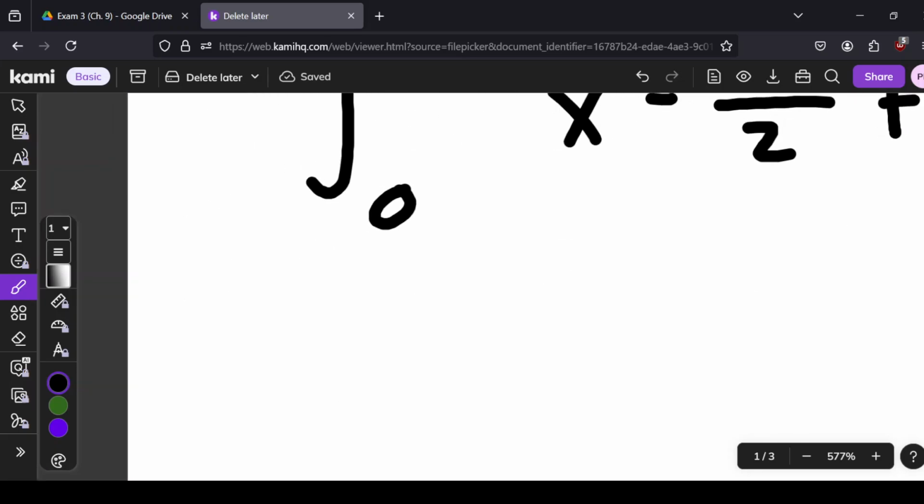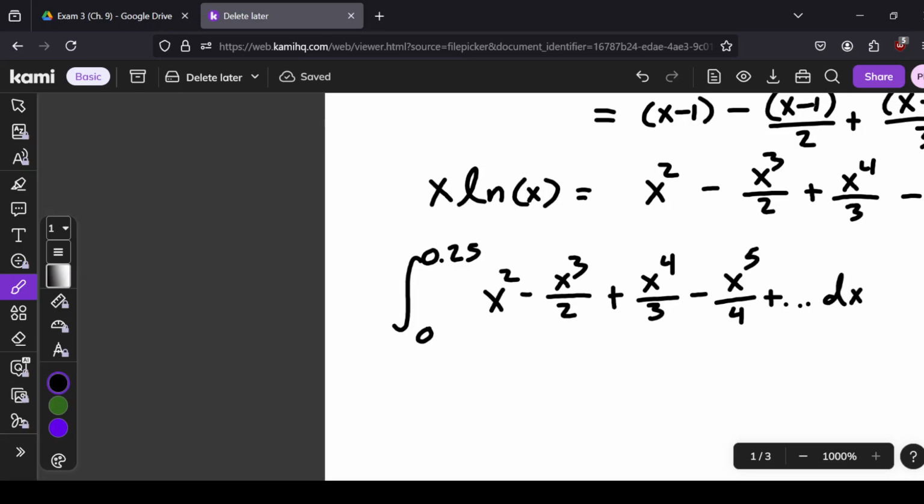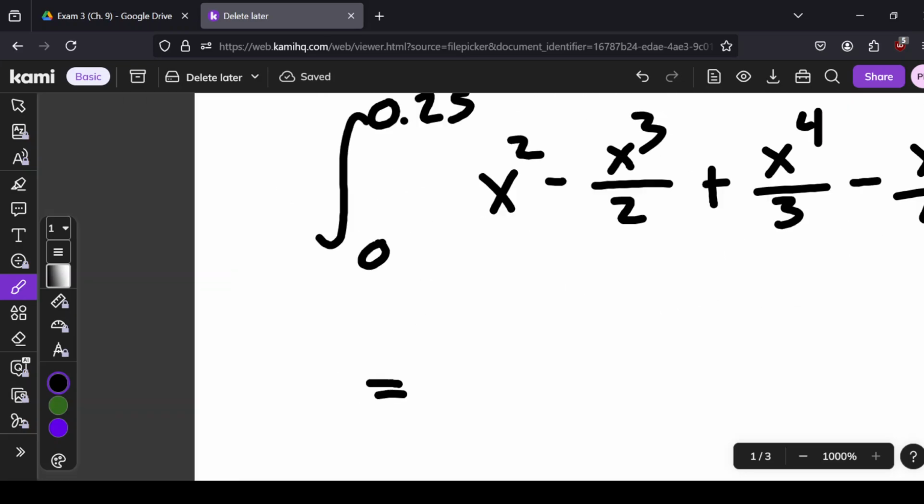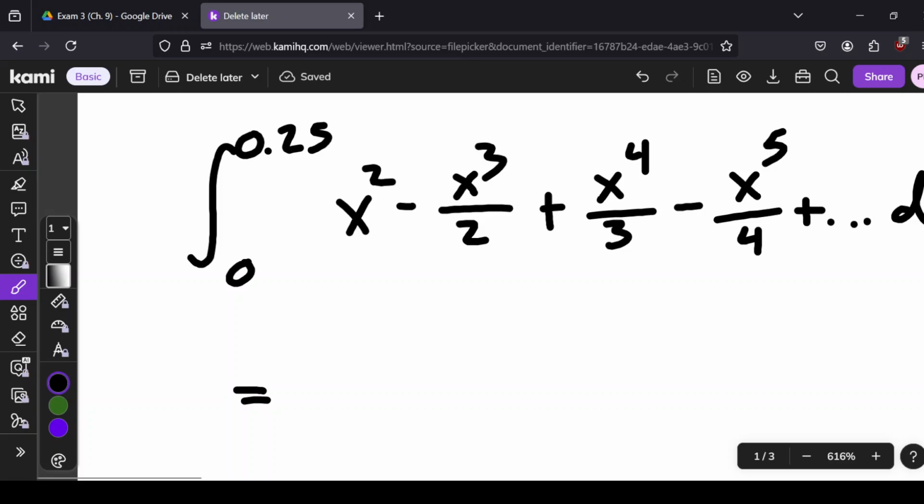So let's just integrate this. Equals, use the power rule.